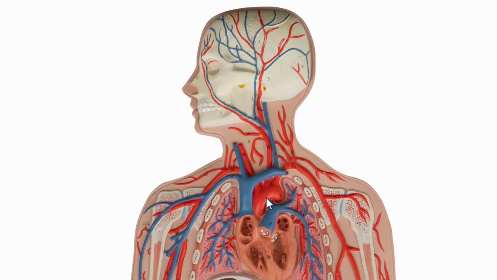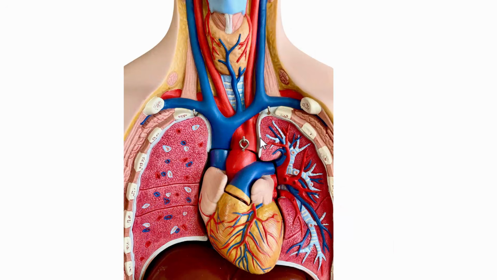So let's take a look at some of the major veins then. Here we have the superior vena cava, which empties again into the right atrium. And connecting to this, it doesn't really show it very well here, so here's another model that shows it just a bit better.